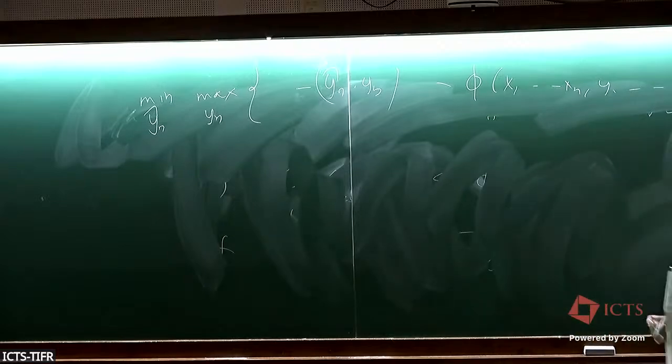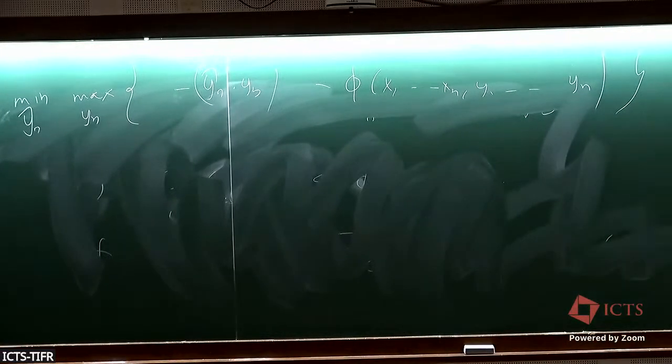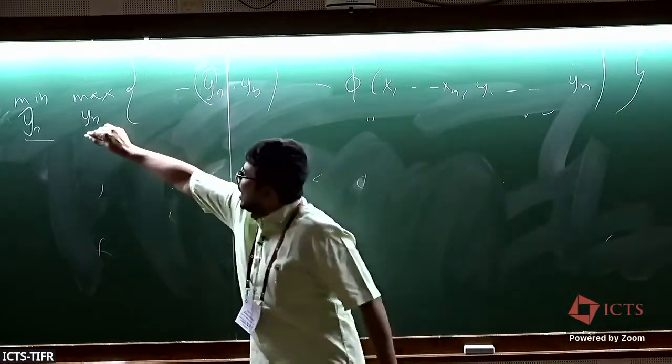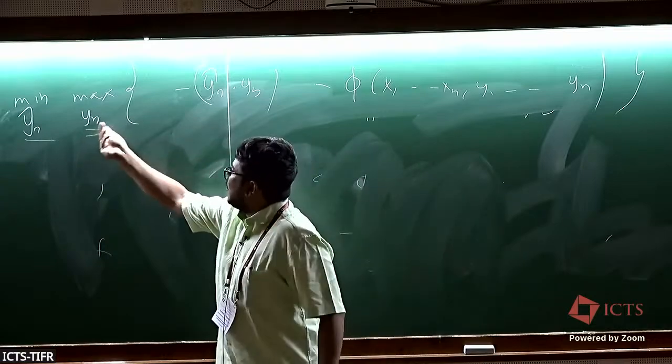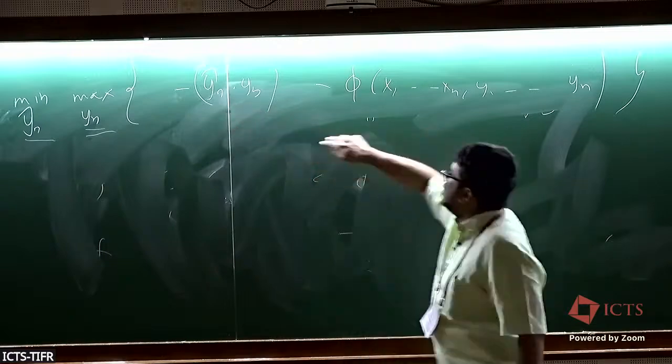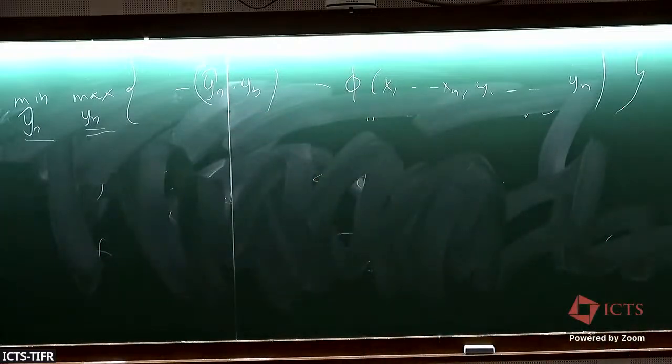Right? So at the very last round, this is the optimal thing for me to do. Play the y hat n that minimizes this guy. And then irrespective of what yn is played, for the worst yn that's played, this is going to be the value of my current loss at nth round minus phi of x1, y1 up to xn, yn.